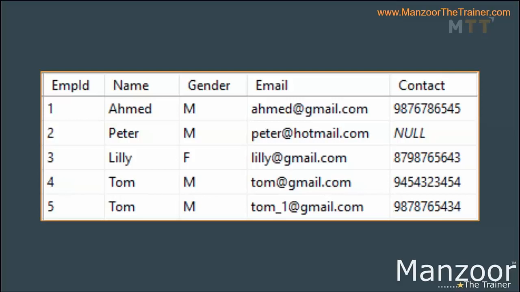So I want to identify uniquely, so I can use employee ID. If I say 1, how many records do we get? Only one. So using employee ID, I can identify a row uniquely. And using email, I can identify a row uniquely.